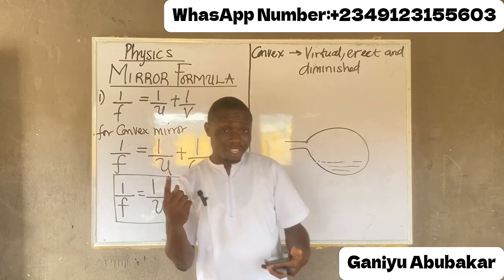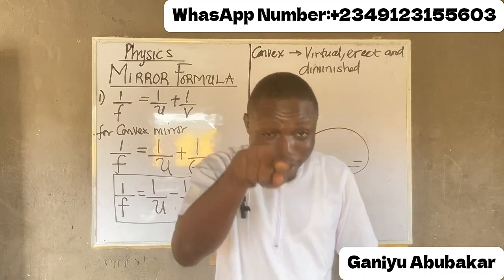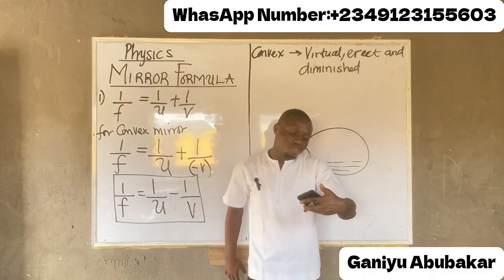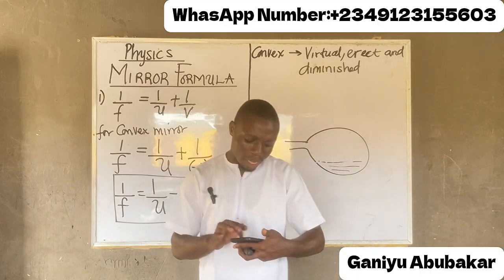Irrespective of the position of the object, it will diminish it and take it down. So it is virtual, erect, and diminished.